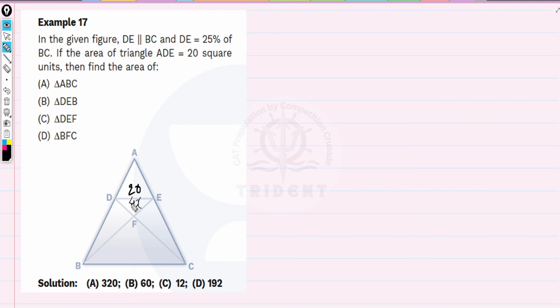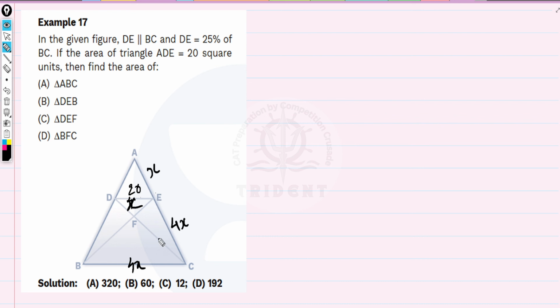I know that DE is X and BC is 4X. So if this is X and this one is 4X, what about the other intercepts, AE is to EC? Please don't make the mistake of calling them X by 4X.